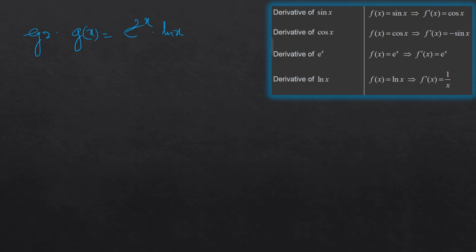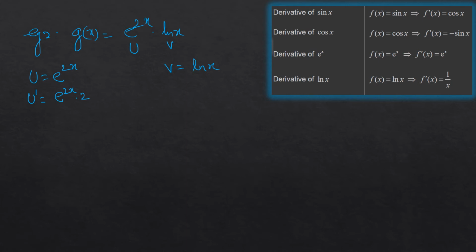Let's recognize that there are two different functions which are multiplied to each other. So this is my u and this is my v. I will write u is equal to e to the power 2x and v is equal to ln x. So u dash would be the derivative of e to the power 2x, which is e to the power 2x times 2. Always remember this is a composite function.